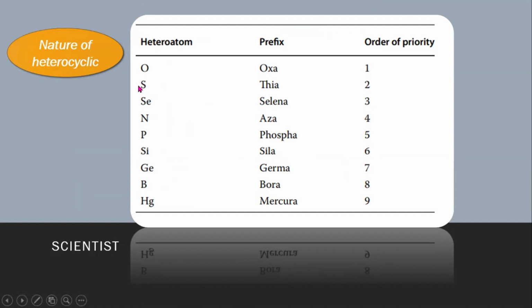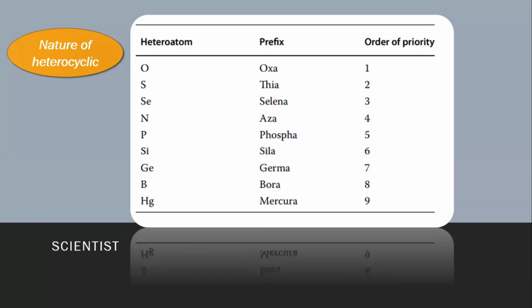If it is sulfur, then thia. If it is selenium, then selena. If it is nitrogen, then aza. Phosphorus, phospha. Silicon, sila. Germanium, germa. Boron, bora. And finally, mercury, then mercura.